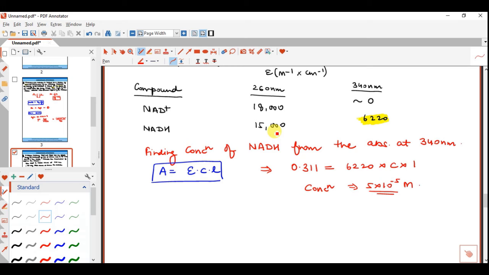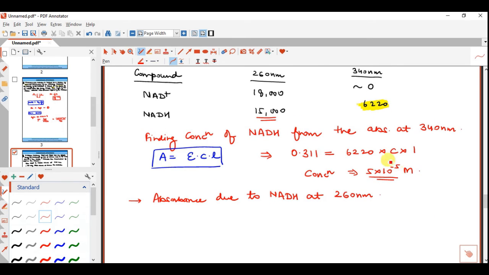Okay, so let us find out the absorbance due to NADH at 260 nanometer. Now at 260 nanometer, the epsilon would get changed. It would be 15,000 over here, and everything else, the concentration, the length, all would be same.